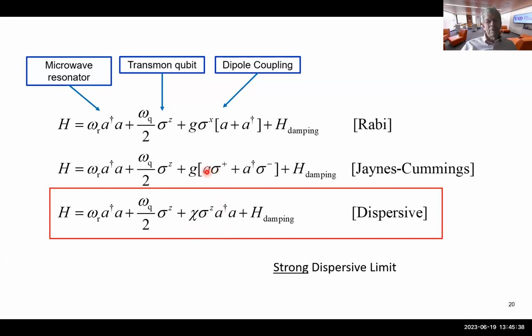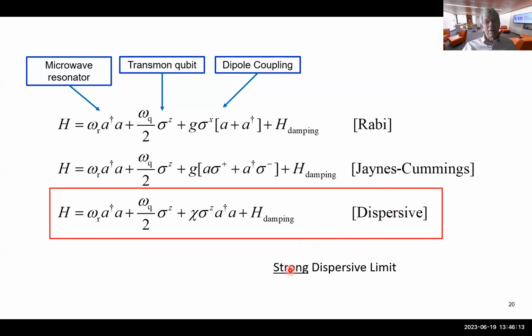This term can't really act in first-order perturbation theory very well because when you excite the atom and de-excite the cavity, the total energy changes a lot. But you can do it virtually. You can transfer the energy from the atom to the cavity and quickly bring it back again. And in second order perturbation theory, you get this term, chi sigma z a dagger a. And this is the so-called dispersive approximation.